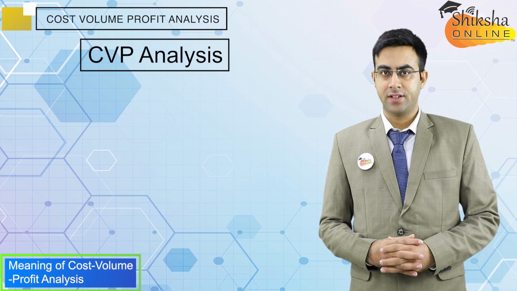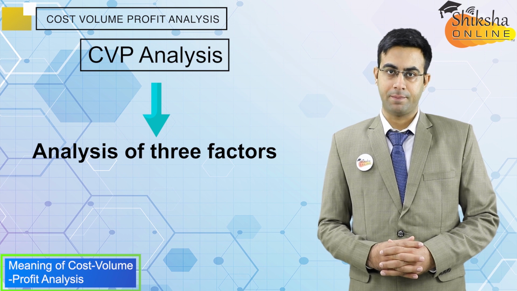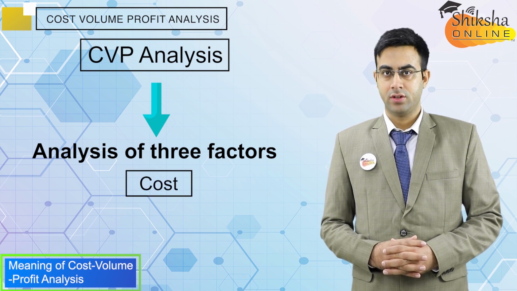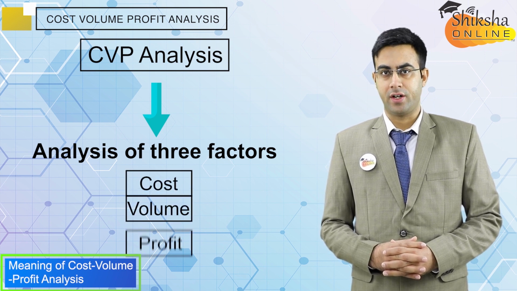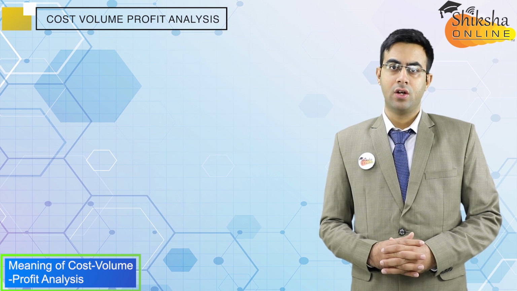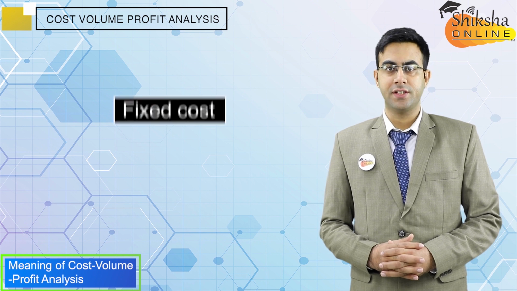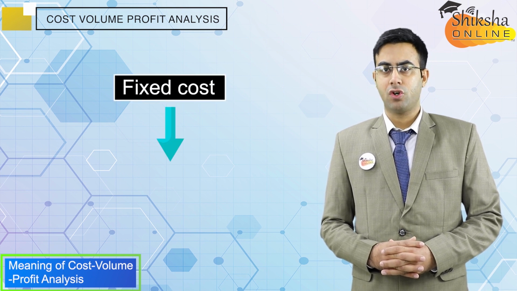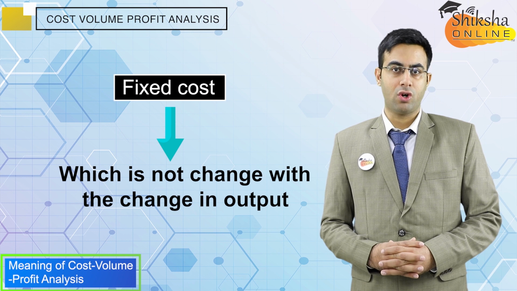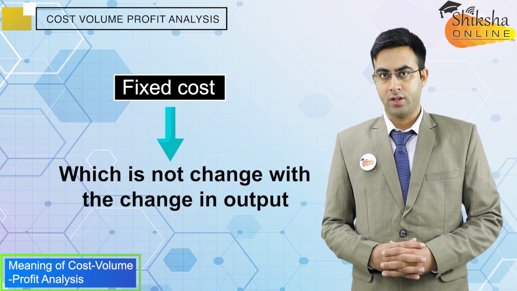As the name suggests, CVP analysis means analysis of three factors, that is cost, volume and profit. So let's understand one by one. First of all, we will understand what is fixed cost. Fixed cost means which is not changed with the change in output.